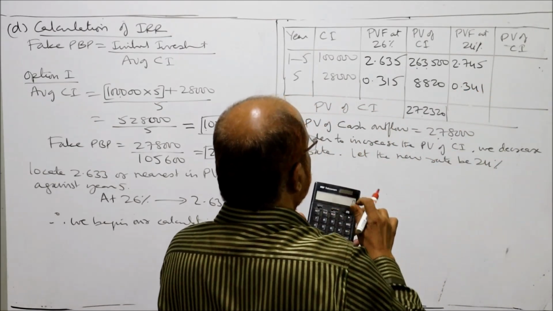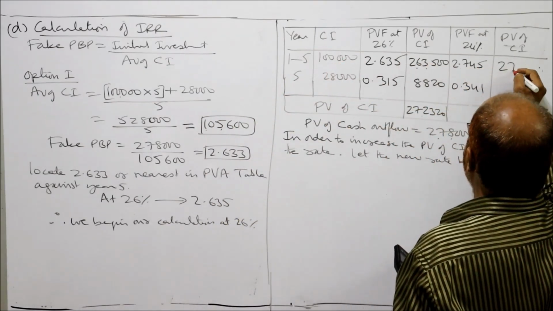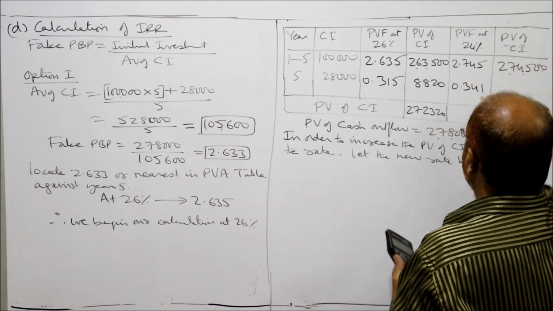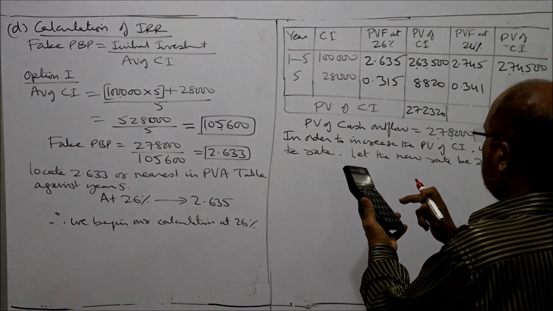Now we multiply. 1 lakh into 2.745 is 2,74,500. Here it is 28,000 into 0.341.